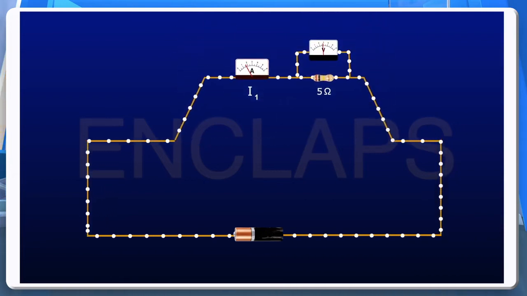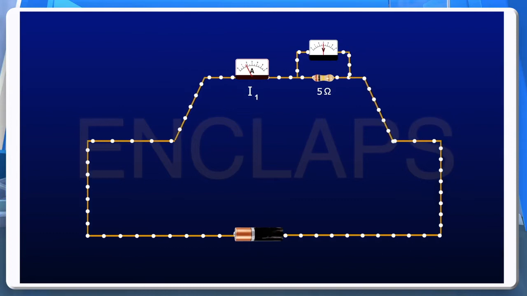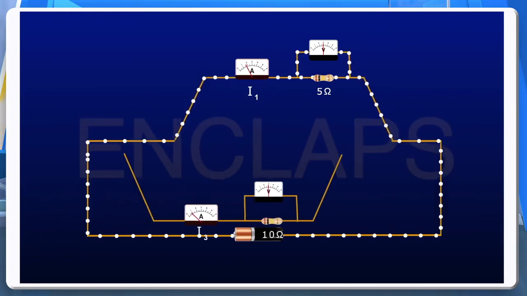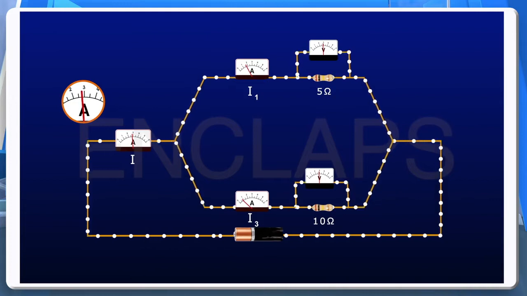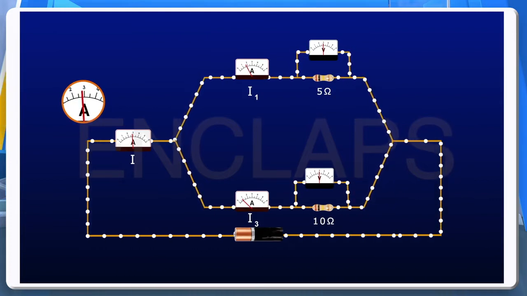When a 5 ohm resistor is connected, the current in the circuit decreases. The ammeter reading is 1.8 ampere. That is, the current in the main circuit is 1.8 ampere. When a 10 ohm resistor is connected in parallel, the ammeter reading of the main circuit is 2.7 ampere.